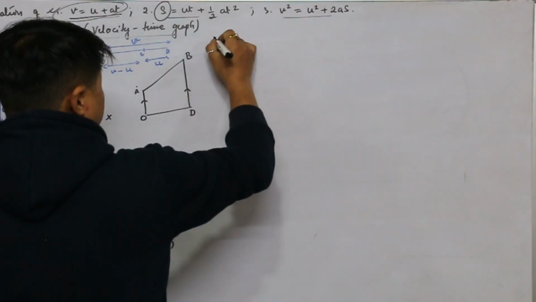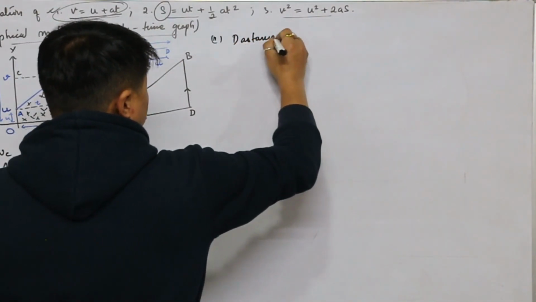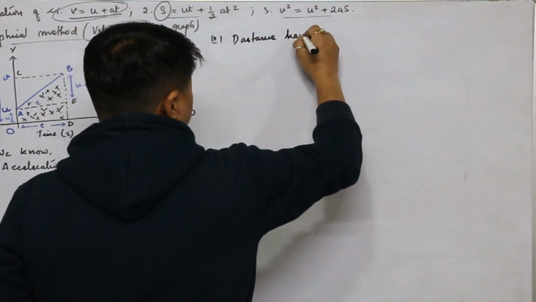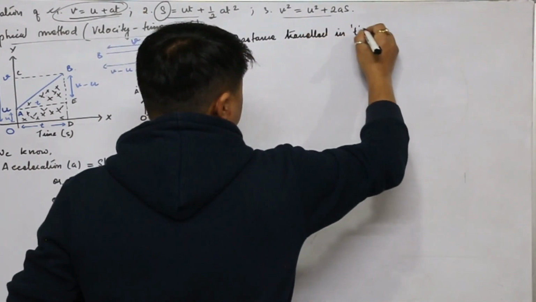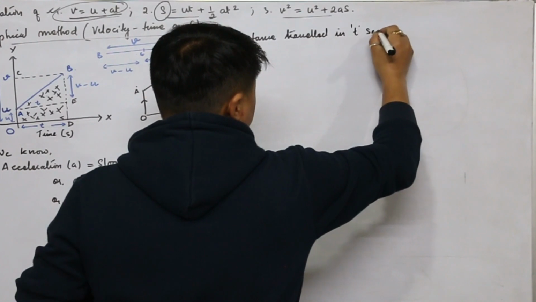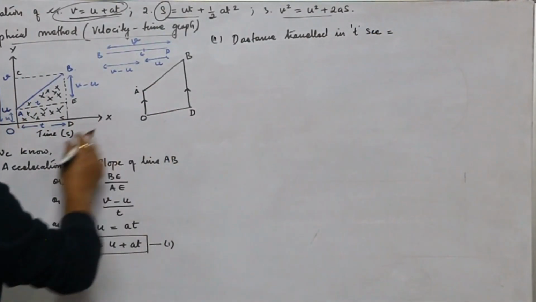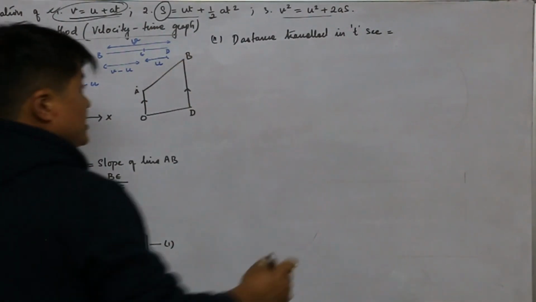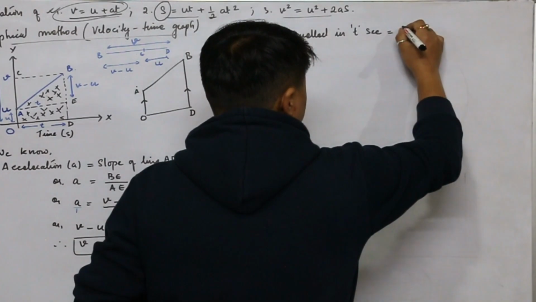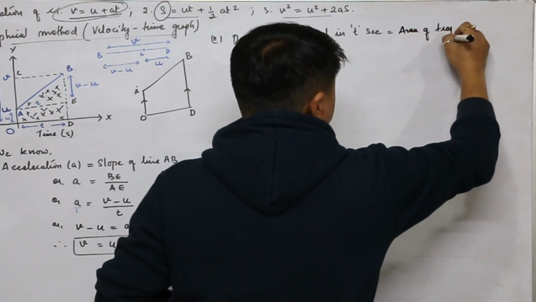For the second one, we can write here: distance traveled in t seconds is equal to, what is the distance traveled in t seconds? It is the area of trapezium AODB.